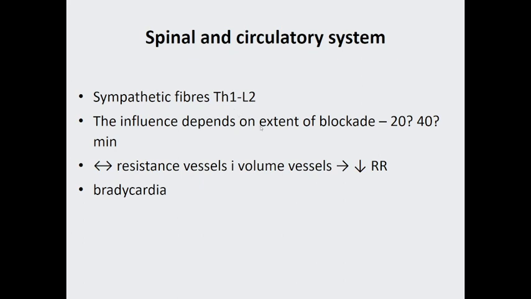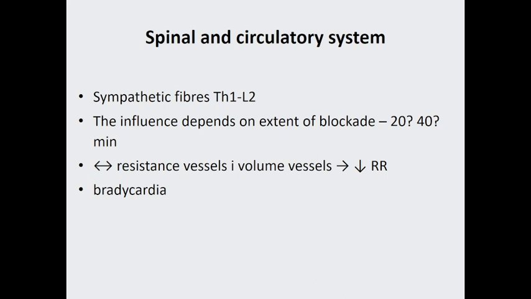If we do a quite high spinal, high spinal means that it can extend from the patient's foot to the sternum. Sometimes it's even higher, but then it's too high.